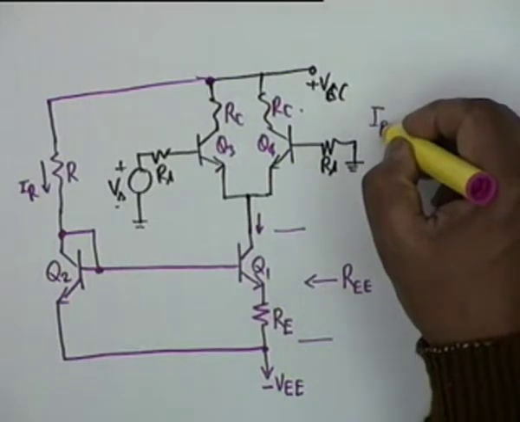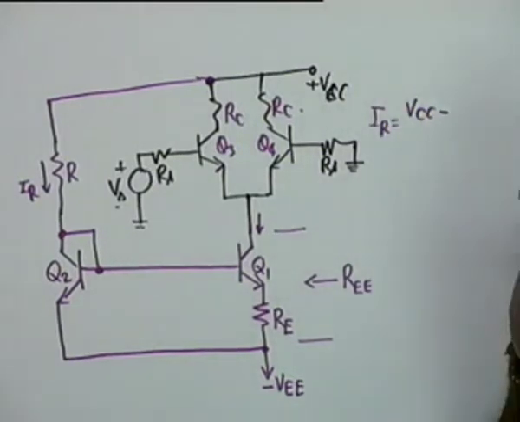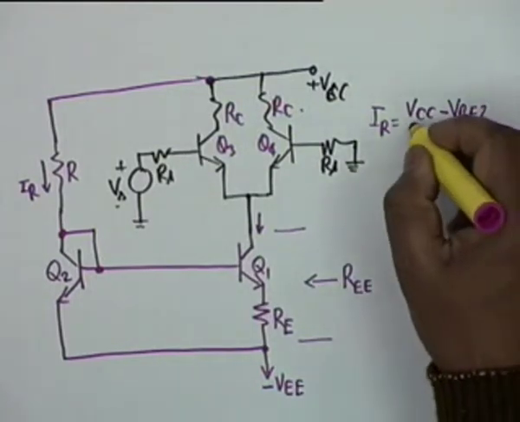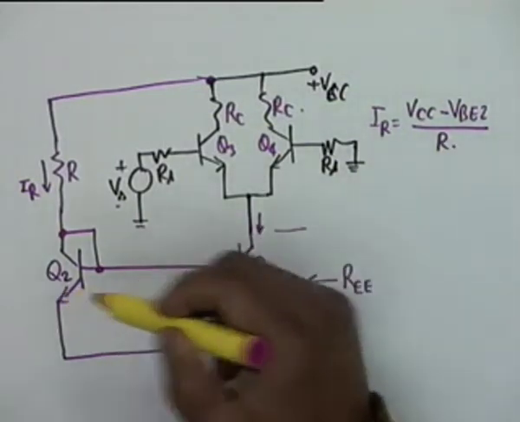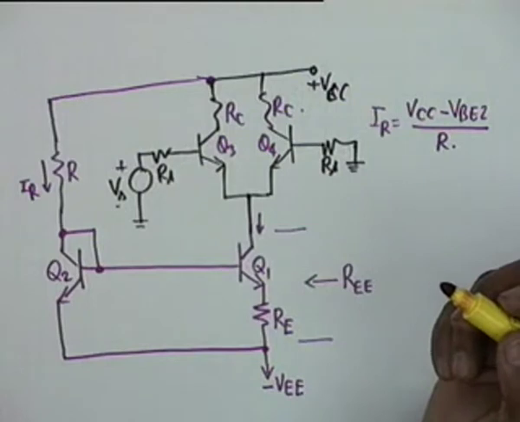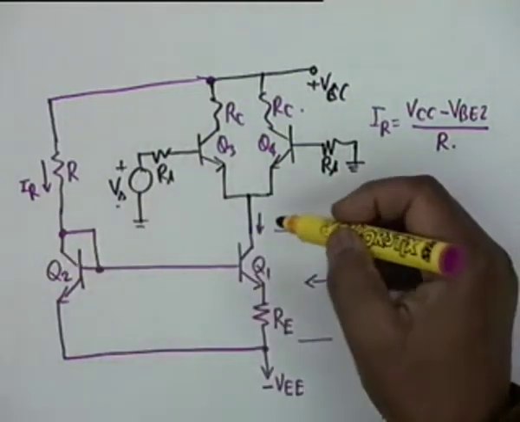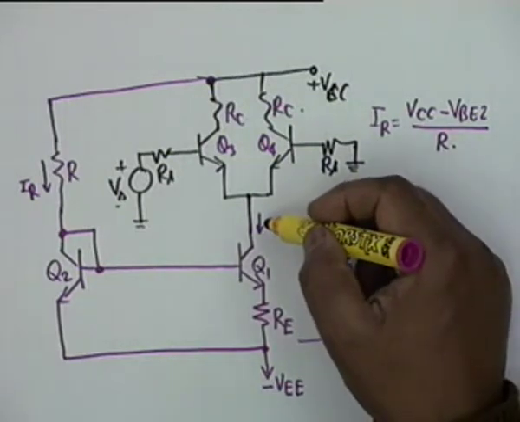I sub R is simply equal to VCC minus VBE2, which is 0.7, divided by R. And since these transistors are high beta transistors, I sub R is the same as IC2, which is the same as IC1. Yes or no?